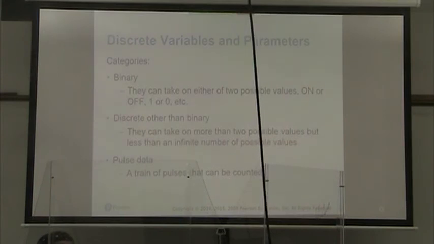So if it's other than binary, it can take on more values, but again, not an infinite number of values, such as a continuous process might be able to do. And then pulse data, well, pulses can be counted. I think that's kind of important.